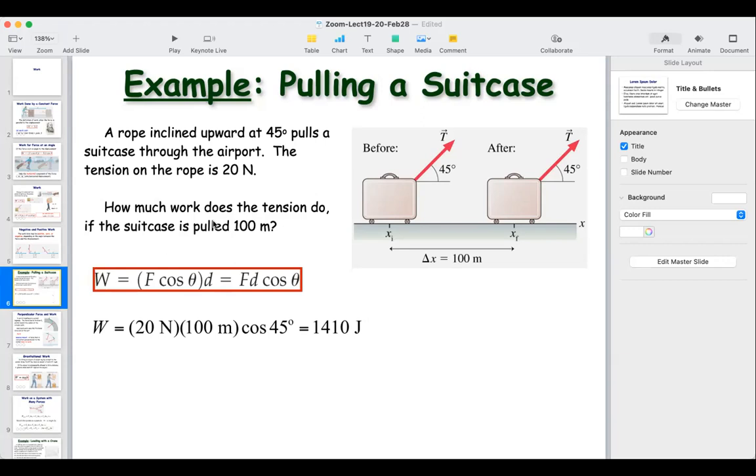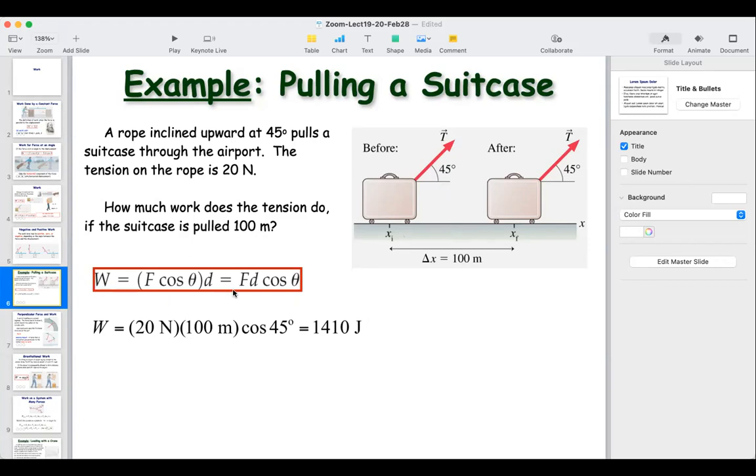So to make it work, we need to have a displacement. If the displacement were 0, we would have 0 work, as we said before. But in this case, we have 100 meters. So x final minus x initial, which means delta x, is 100 meters. And then we have a 45 degrees angle with respect to the horizontal.